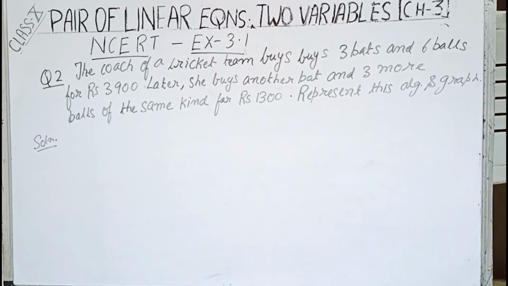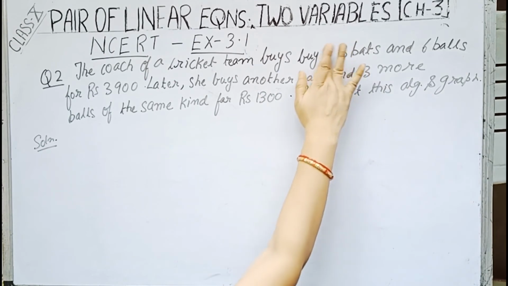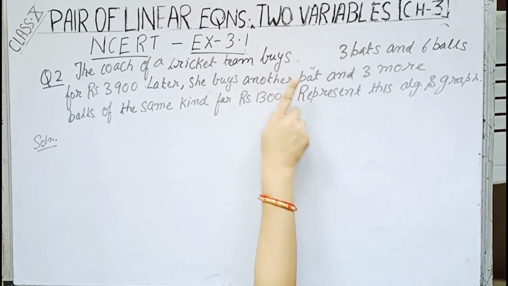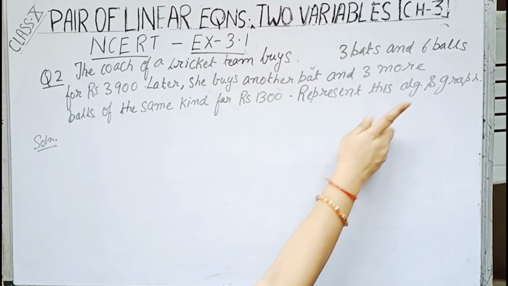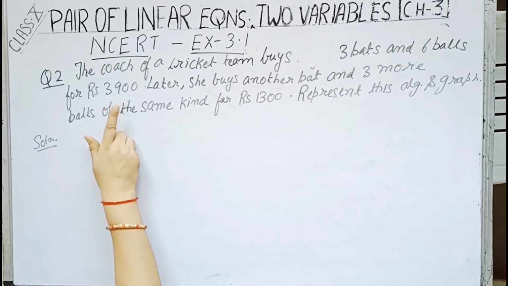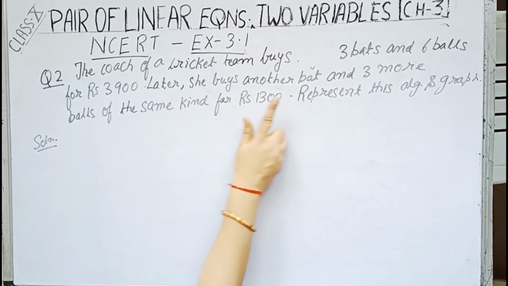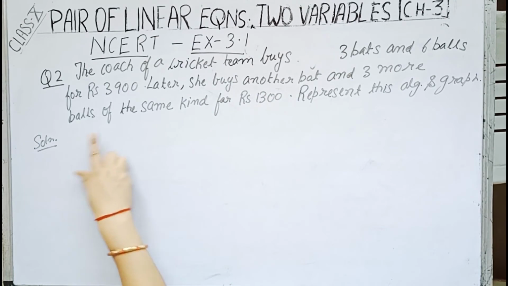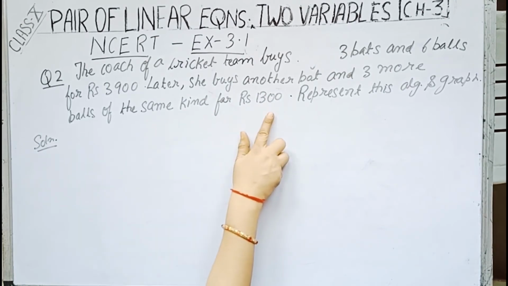Question number 2 of exercise 3.1 is: the coach of a cricket team buys 3 bats and 6 balls for rupees 3900. Later, she buys another bat and 3 more balls of the same kind for rupees 1300.